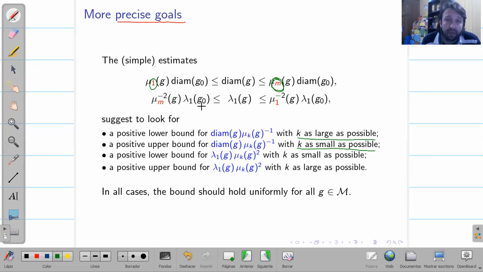And the same with lambda 1, right? This is the precise goal. And of course, this should hold for every left-invariant metric, right? This number will change, of course, because this holds for this very particular index 1 and m. But there might be some positive number that bounds this over mu k, right?